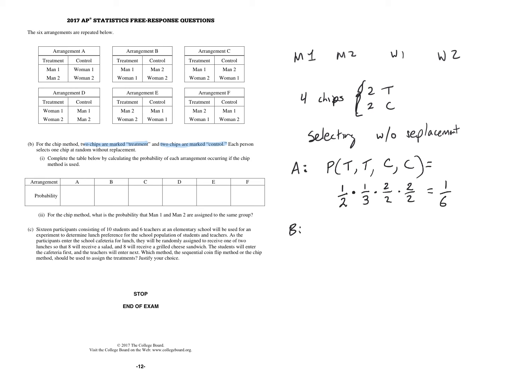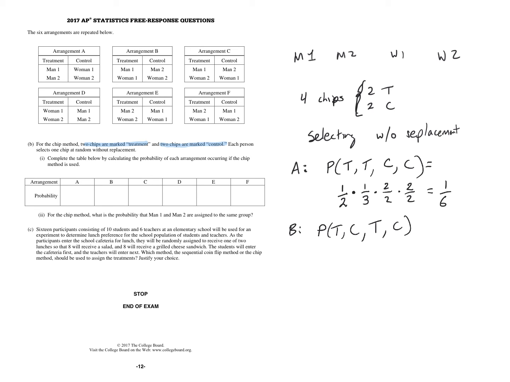So probability of arrangement B is the probability that man 1 gets a treatment chip, man 2 gets a control chip, woman 1 gets a treatment chip, and woman 2 gets a control chip. It's so hard to say all of these things. But that's fine. So we can take a look at this, and I realized that the clock started over again, so this is 2 videos I meant to do as 1, whatever.